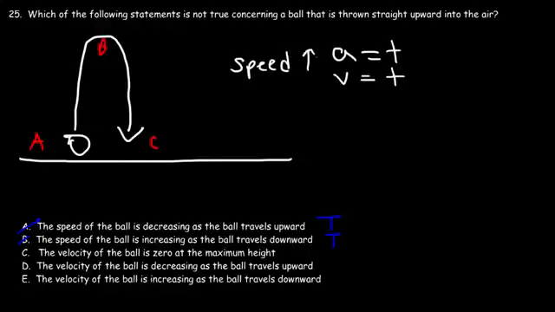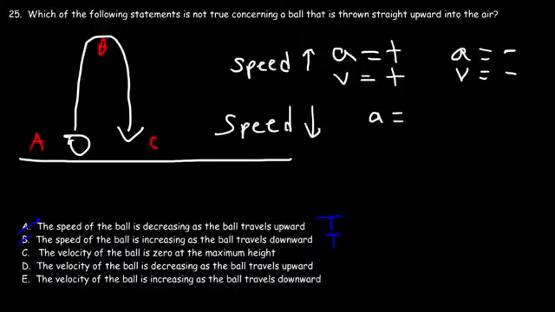So if the acceleration and velocity are both positive, or if they're both negative, the speed will increase. Now the object will slow down if the acceleration and velocity vectors have different signs. Either they're positive and negative or negative and positive. So if the signs are different, it's going to be slowing down.